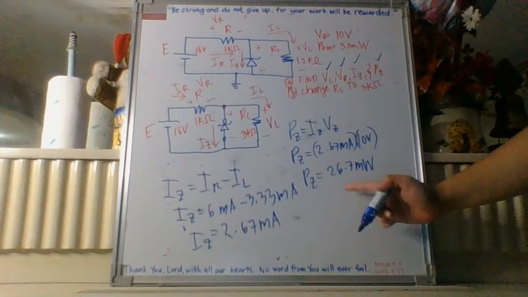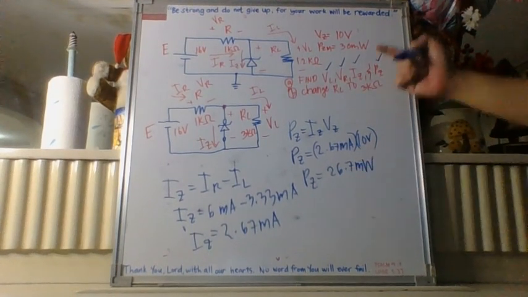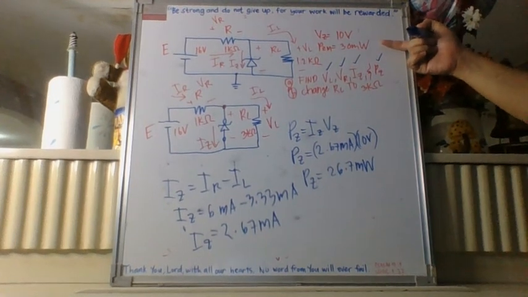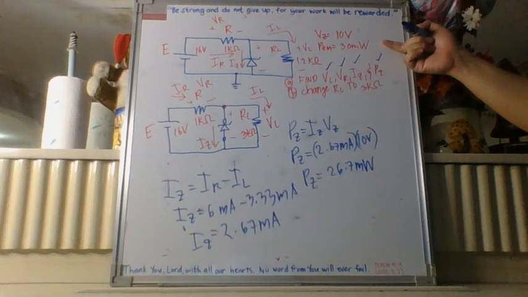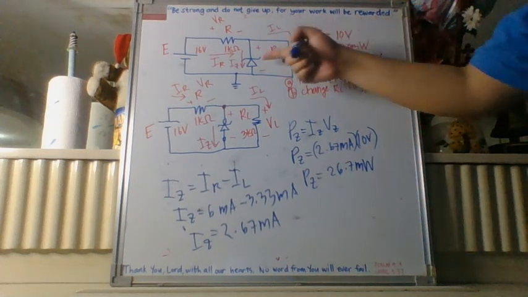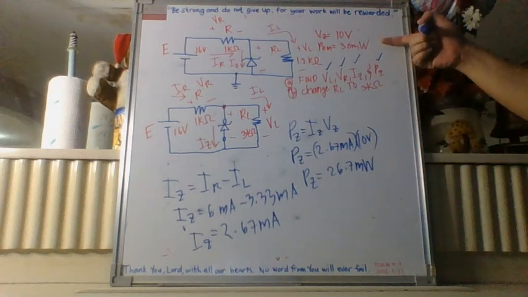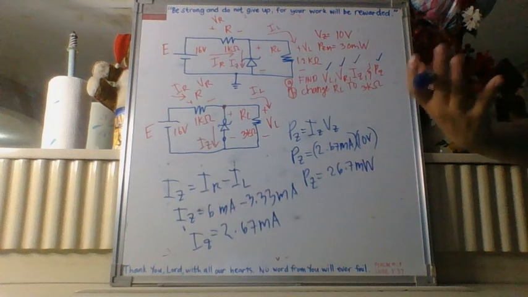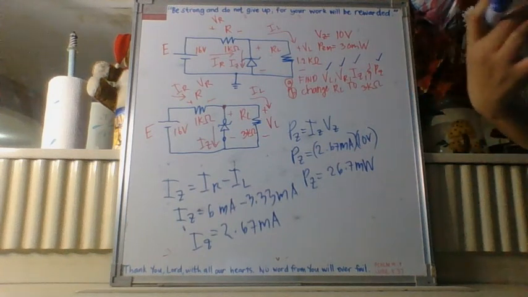How is this important? Babalik tayo dun sa kaninang parameter, the maximum Zener power. Ang maximum Zener power, ito yung maximum na power na kayang i-handle ng ating Zener diode. Anything in excess of this is destructive para sa ating Zener diode. So ibig sabihin, pag lumagpas dito, masisira yung ating Zener diode. Kapag below dito, hindi masisira yung ating Zener diode, bagkus ito ay mag-regulate pa rin at gagana ng maayos.